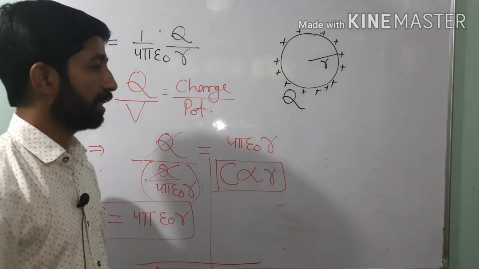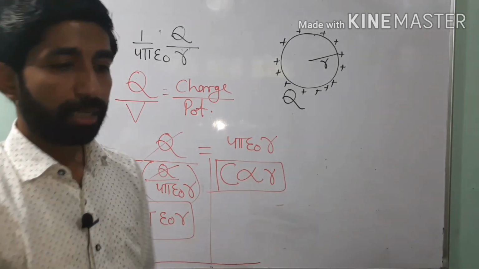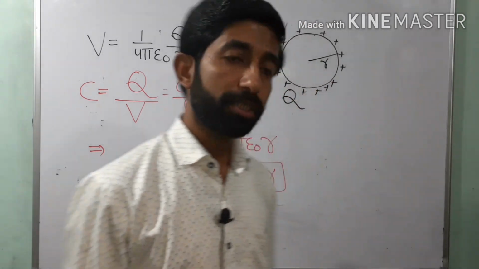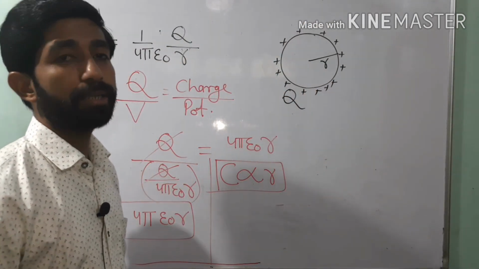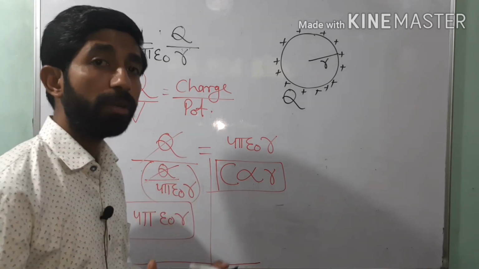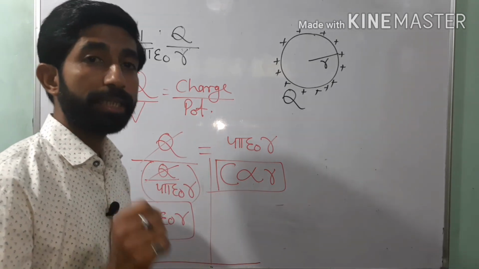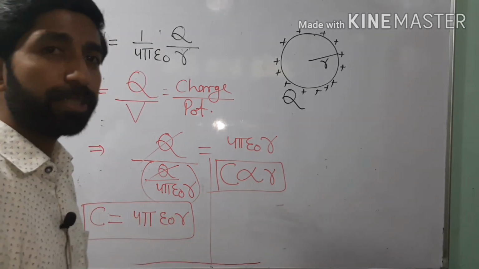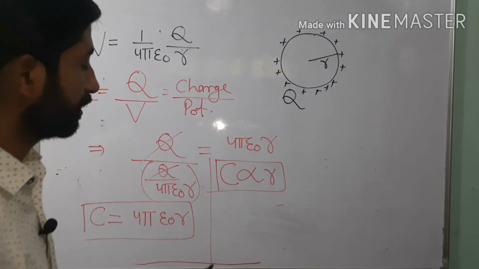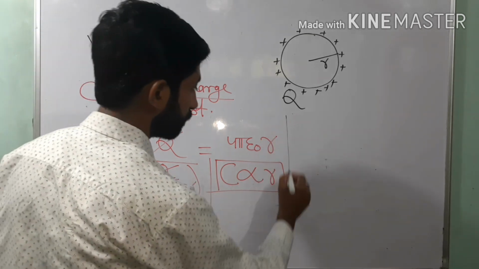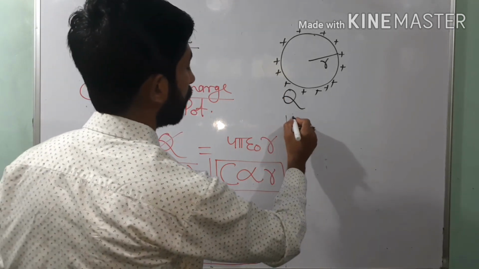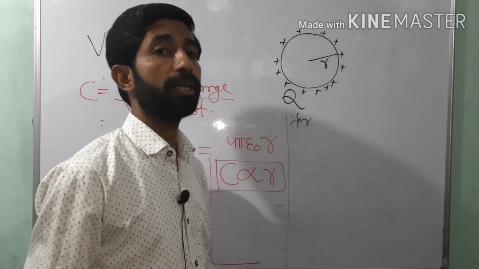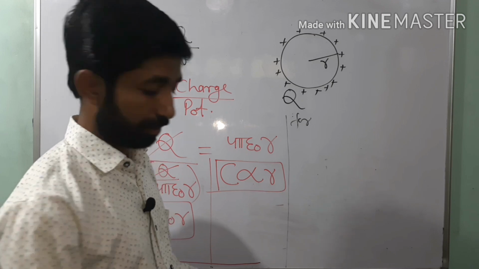Simple. Now if I wish to find the capacitance of our earth, for the sake of now, let's imagine that earth is a spherical ball of radius 6.4 times 10 to the power 6 meters. We have been using this value in gravitation more often. So for earth, we are finding the capacitance or capacity of our earth.